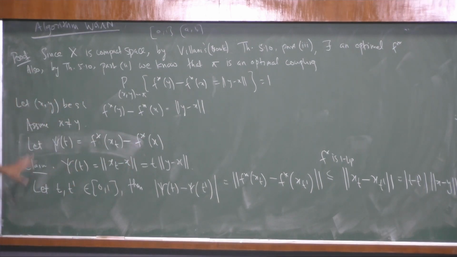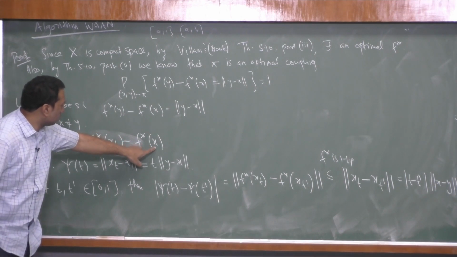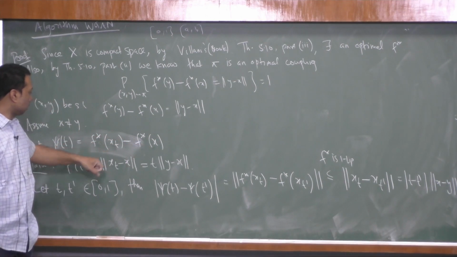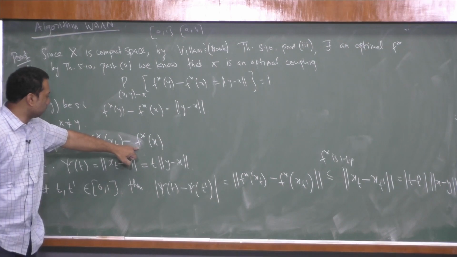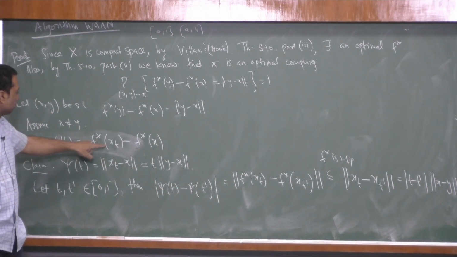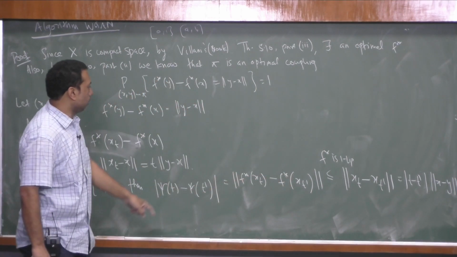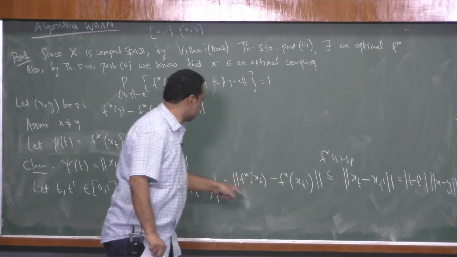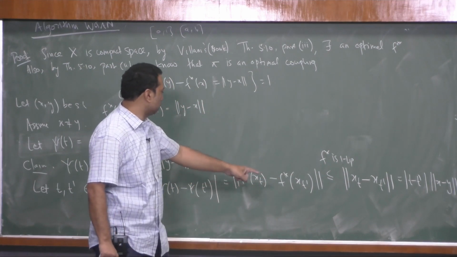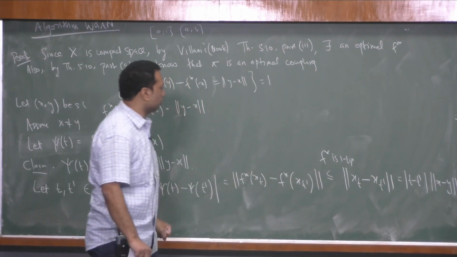Yeah, that's fine because it's dependent on t, so it will be t prime here, and this will remain x. So that's why this f star x will get cancelled in this difference, and only f star xt and f star xt prime will remain. And then we use the fact that f star is one Lipschitz. So hence this will be less than or equal to norm xt minus xt prime. That's the definition of Lipschitz continuity.